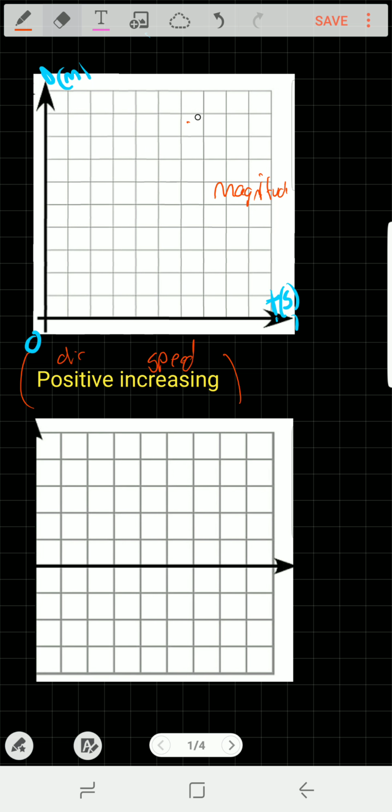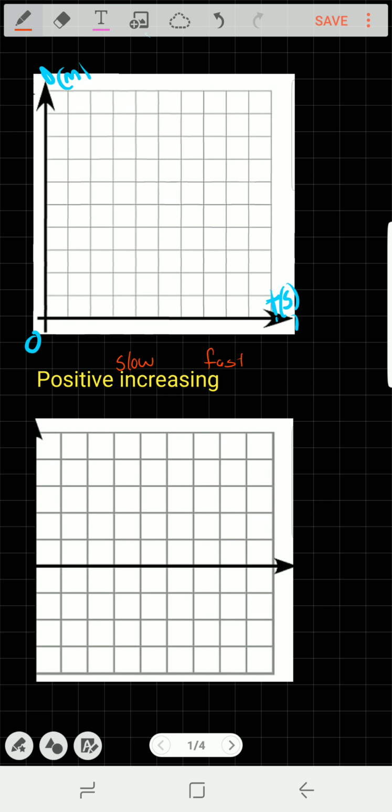What we're going to do first is recognize, what is the direction going to be? Am I going to go up or am I going to go down? Well, this says positive, so I'm going to be getting away from my 0 line. And the next one says increasing in speed. So that means I'm going to start off slow, and end up fast in a positive direction.